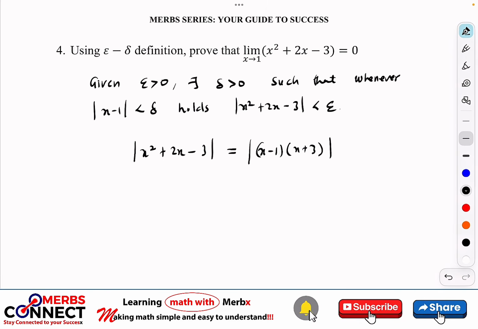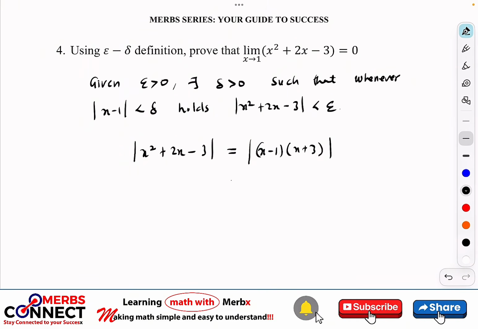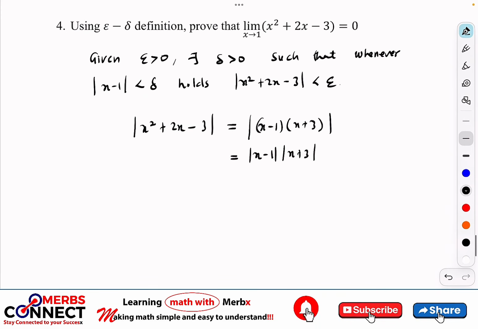So let's try and expand this: x squared, 3x minus 1x, which is going to give us this. Okay, so this is indeed true. And this is the same as the absolute value of x minus 1 times x plus 3, and this is less than the absolute value of x plus 3 times delta.